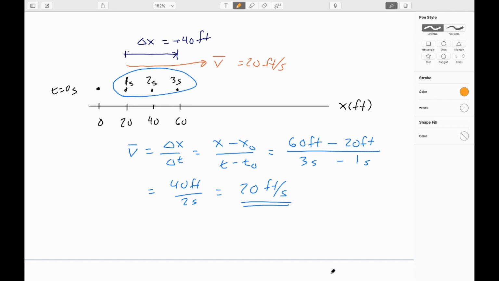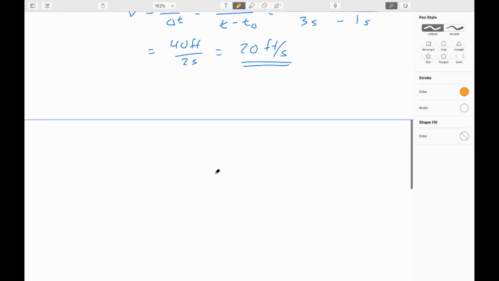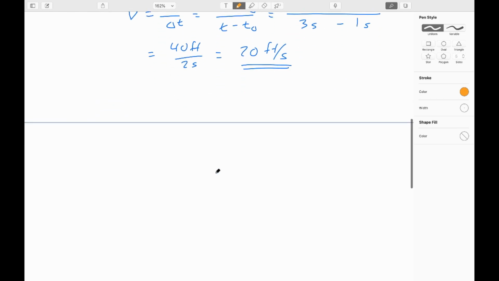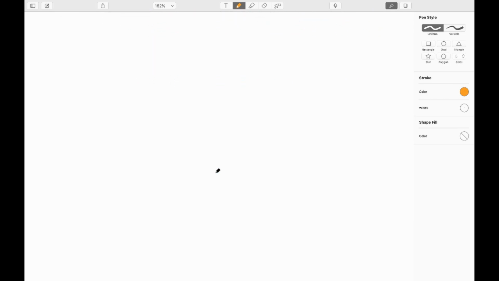Now, something to be careful about is the difference between that and the average speed something would be going. So let's take a look at that. The average speed something would be going would be the absolute value of v bar.